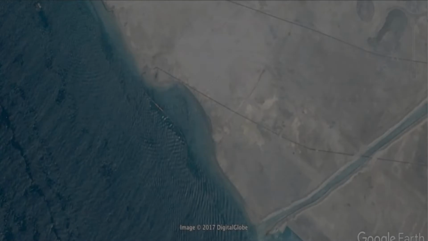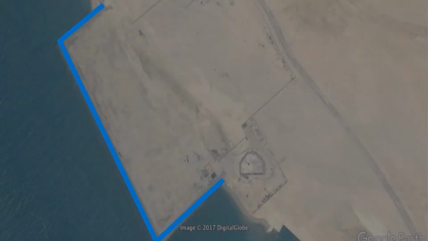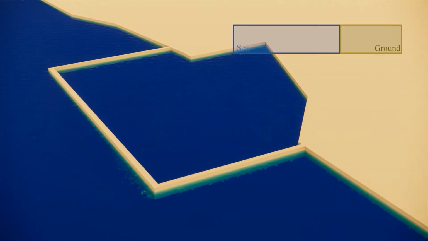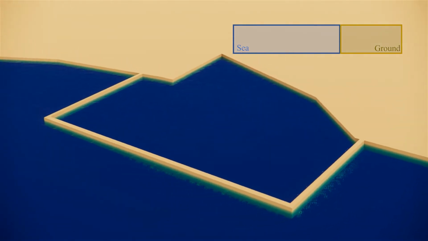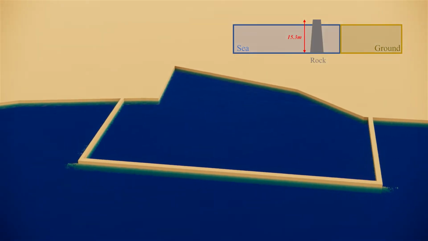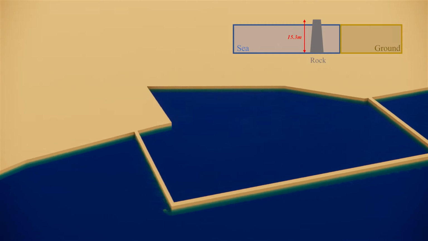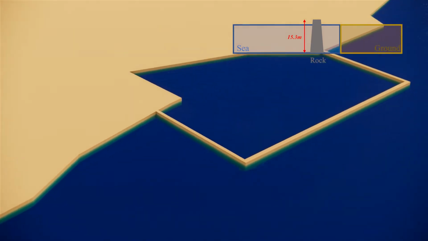Louvre Abu Dhabi is located on Saadiyat Island. It was built on the sea to make buildings like islands floating on the sea. Rock was placed to create a temporary barrier to prevent the inflow of seawater.